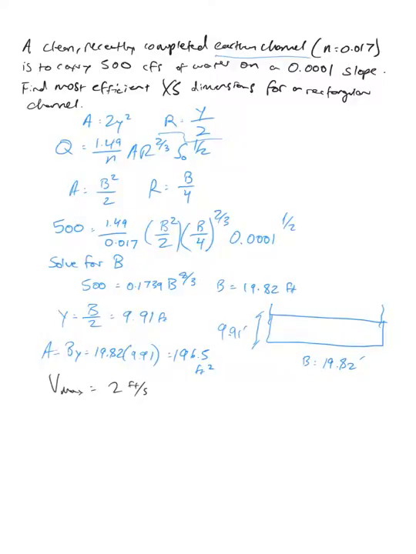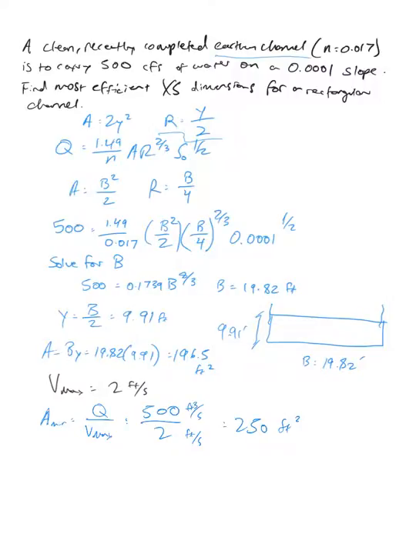So we can now calculate our A min, which is Q over V max, which is 500 over 2, or 250 feet squared. So our minimum cross-section area has to be 250 feet squared, but our area that we computed was only 196.5 feet squared, so our velocity is going to be higher than our maximum allowable velocity.